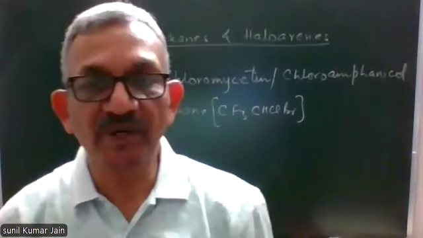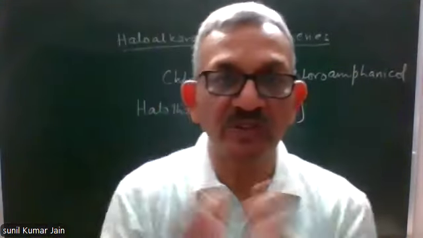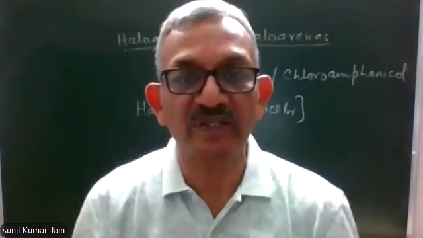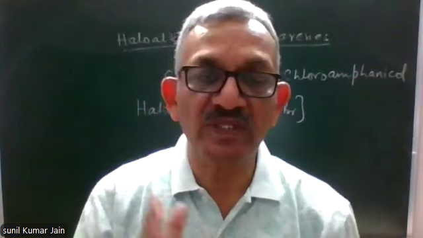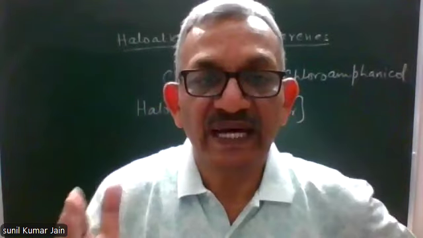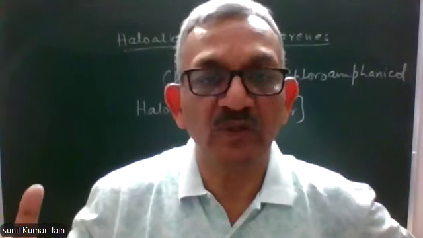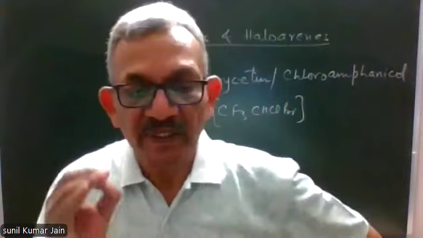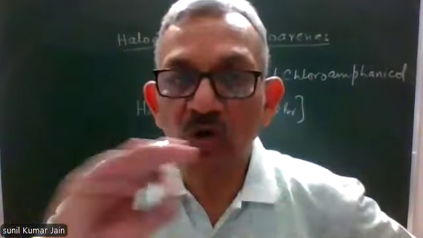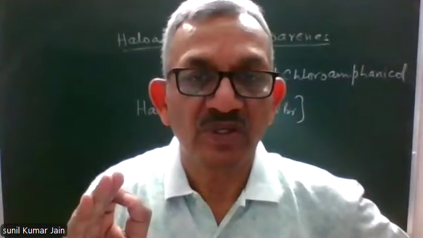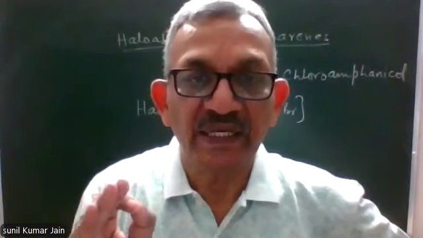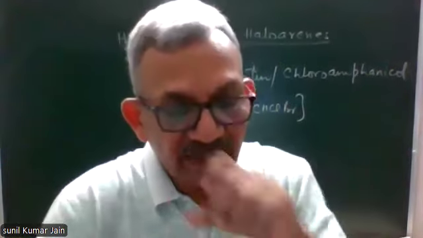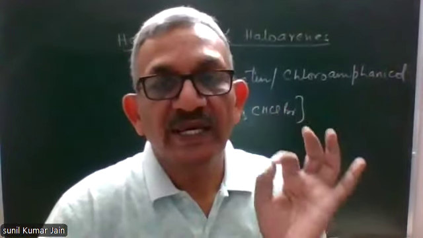So depending on number of halogen atoms present in the molecule, these halogen atoms may be same, may be different, but total number of halogen atoms, on that basis, we classify them into dihalo, trihalo, monohalo, pentahalo derivatives.